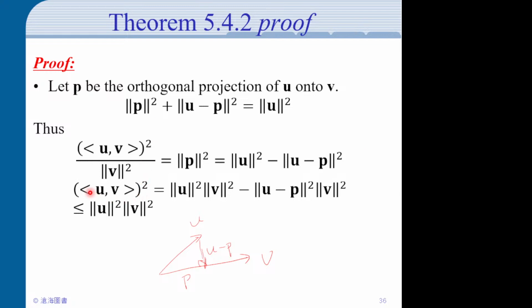And then we are basically done. So now we multiply V squared to this side. Then we have the UV inner product squared equal to U norm squared times V norm squared, which is basically the term we want, minus another term, U minus P norm squared times V norm squared.